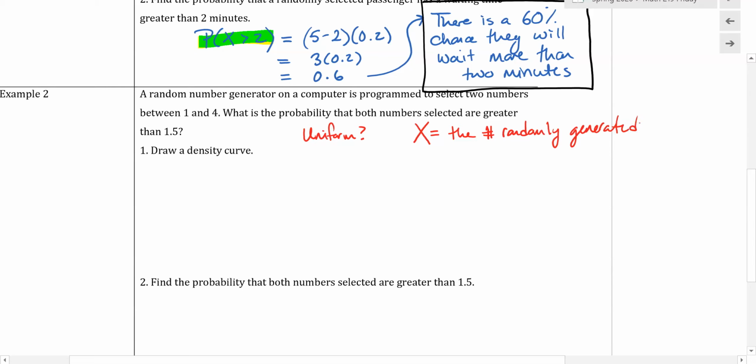Okay, so the question they're asking is, what's the probability that that number x is greater than 1.5? So is this a uniform distribution? Well, I would say yeah, because for one, it's continuous. If you think about all the numbers between 1 and 4, there are infinitely many numbers between 1 and 4. So it definitely is continuous.